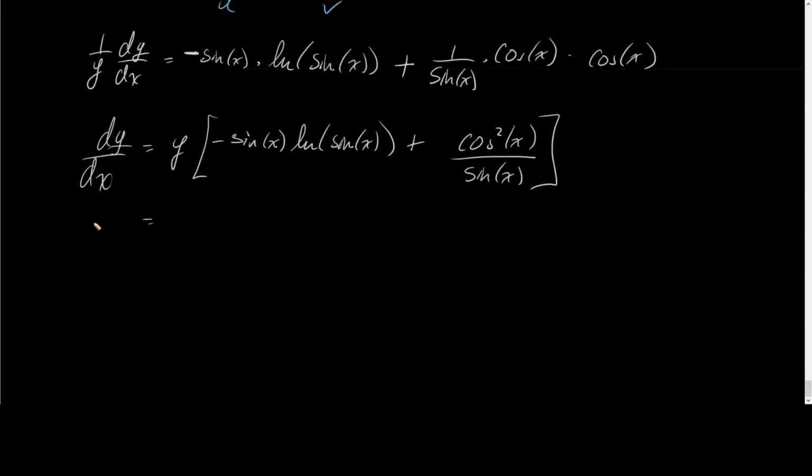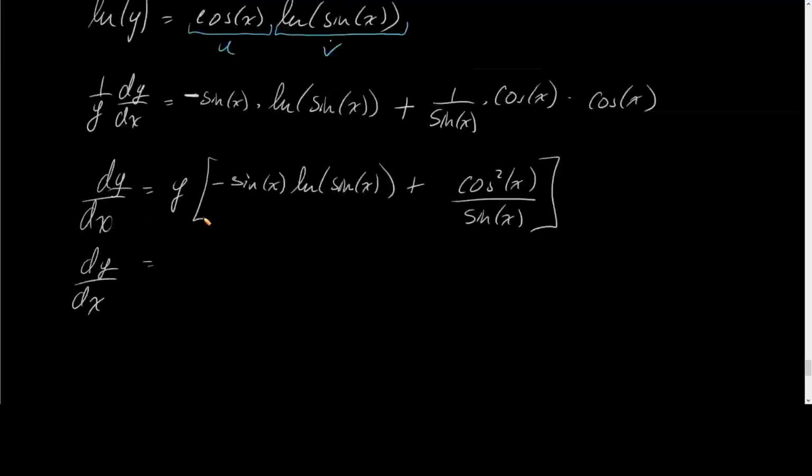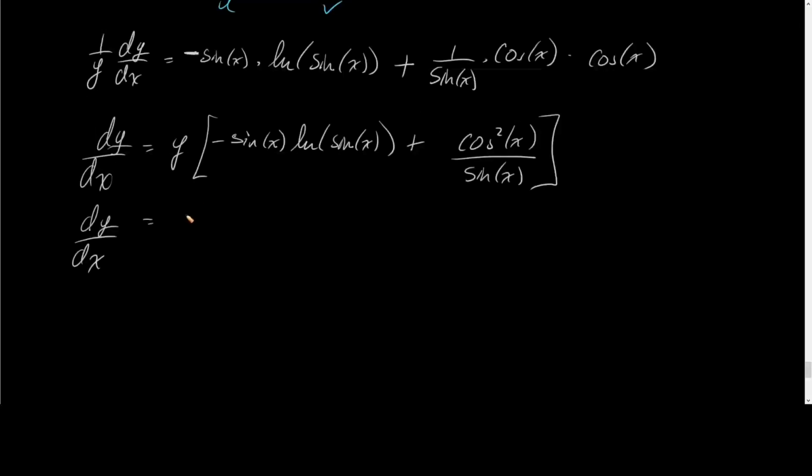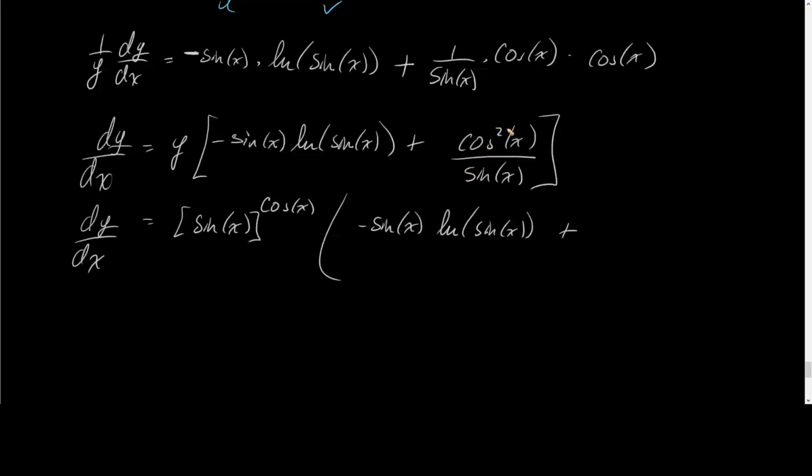At that point, well, we know what the value of y was. So I have dy dx is equal to, y was sine to the cosine of x, right? There it is, sine to the cosine of x. So we have here sine of x to the cosine of x times, and I'll write this as negative sine of x ln of sine of x plus cosine squared over sine.